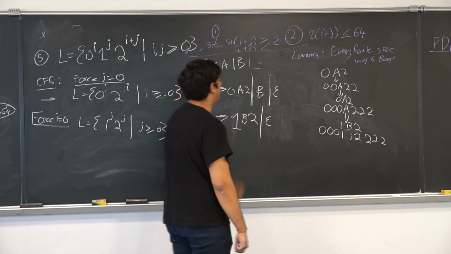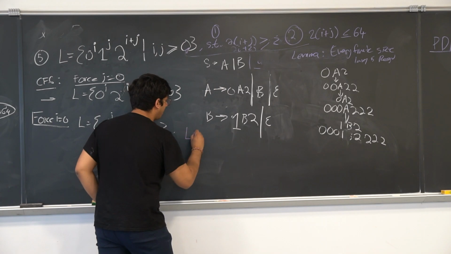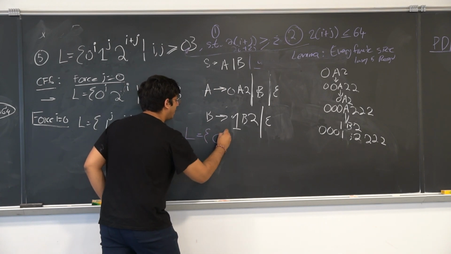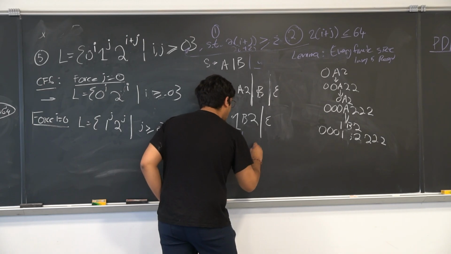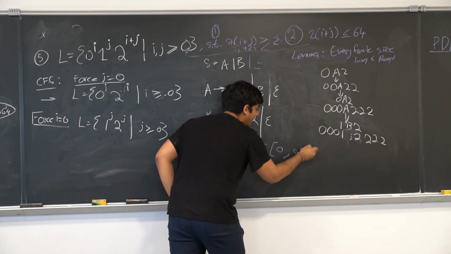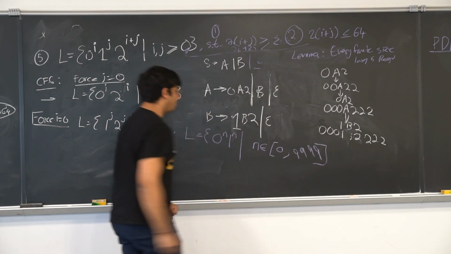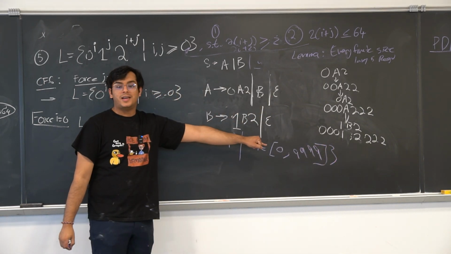This also works with, let's say, the language L equal to 0 to the n, 1 to the n, but then I say that n is bounded between 0 and 9,999. And then I ask you, is this regular or irregular? Well, it's regular because it's finite.